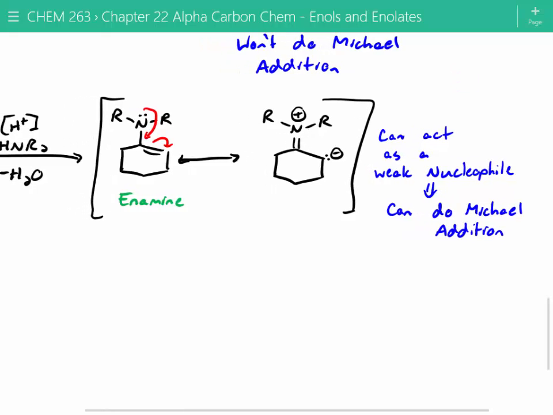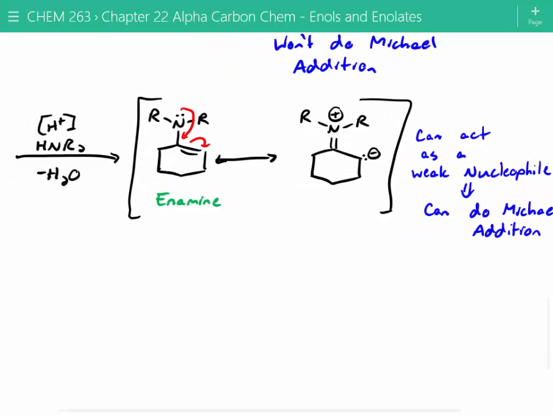Which is pretty nice because we know eventually we can pop off our enamine and go back to the ketone by reacting it with water, right?